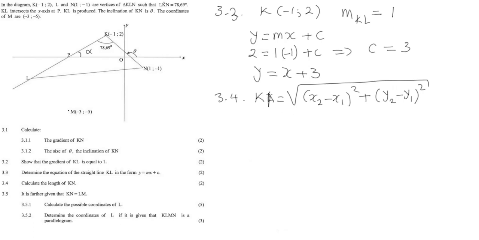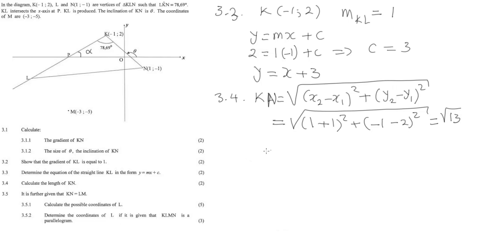For KN, let's say x2 is 1, minus x1, which is minus 1, so this minus becomes plus, all squared. And then we have y2, which is minus 1, minus minus 2, all squared. So here the answer will be square root of 13.